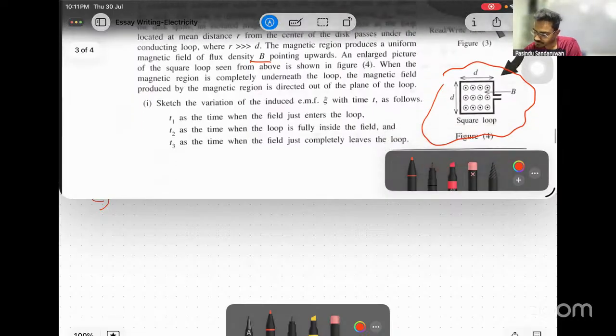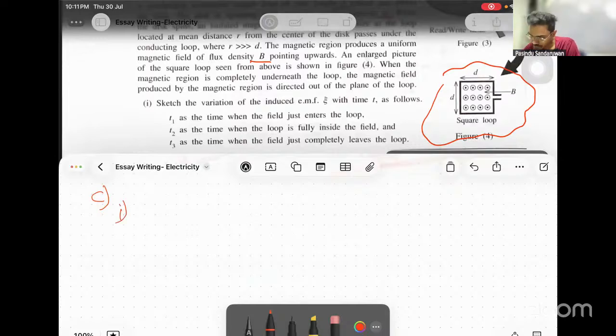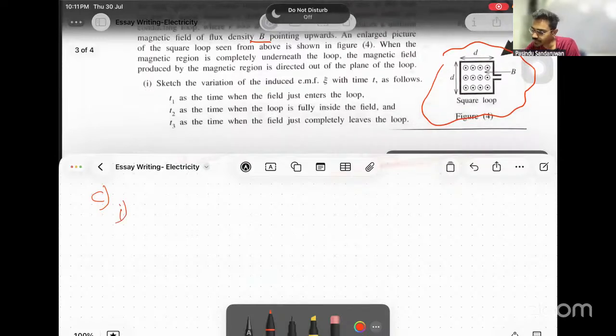Okay, first one. Sketch the variation of induced EMF psi with time t as follows. t1 as the time when the field just enters the loop. Okay. Then we know, we need to plot induced EMF, right?